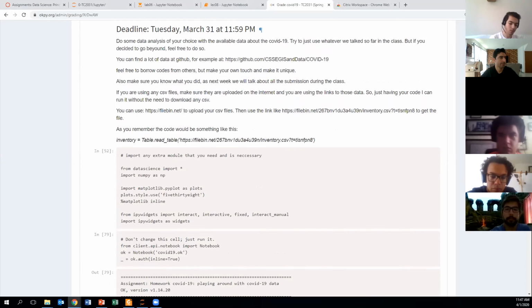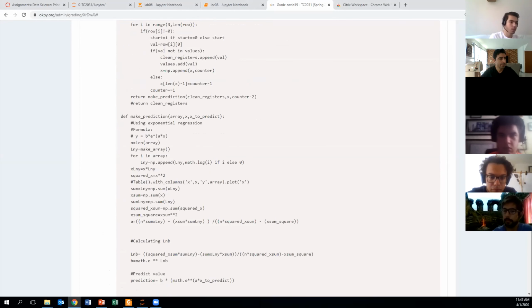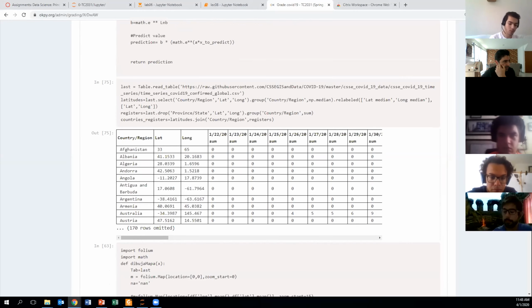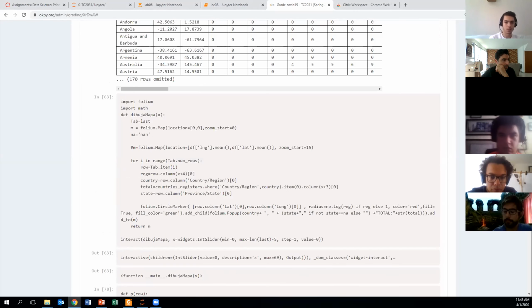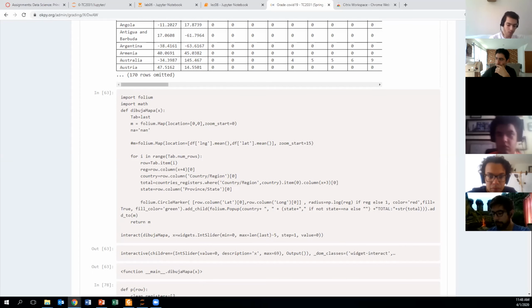Basically, we did two things at last. We first did the comparison of the exponential graph with the real data for each country, with the values that we have from the data set.